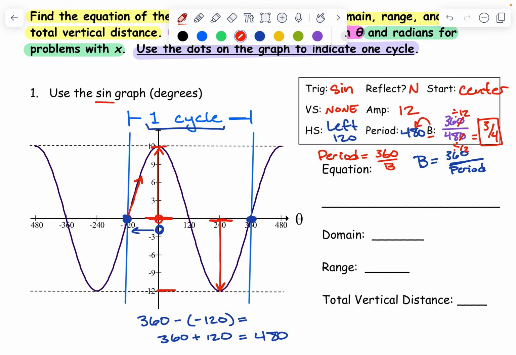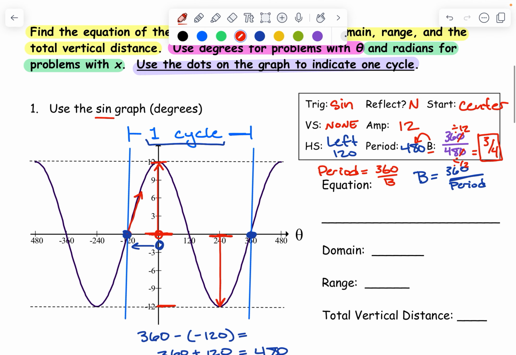Now that we have all our parts, we need to put them into the correct form. So last class we learned that the equation form is y equals k plus a times the trig function, then parentheses, our b value, parentheses again, theta minus h. So that's our format.